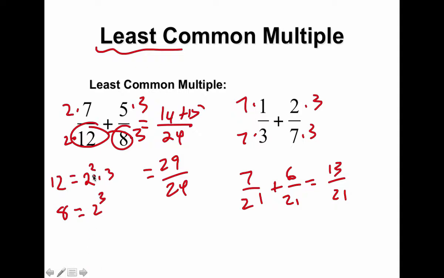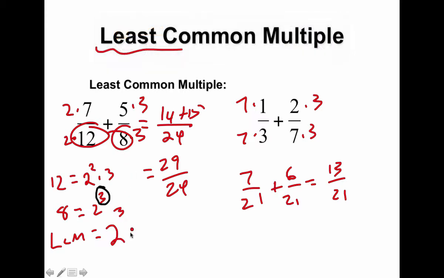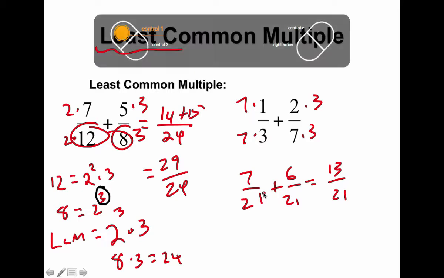So you take everything that is here. I need a 2, and you always need the higher exponent, which is this guy. So I take 2 cubed, and I need everything, and this is 8 times 3, which is 24. Over here, 3 and 7, I need a 3 and I need a 7. That's where my 21 comes from.